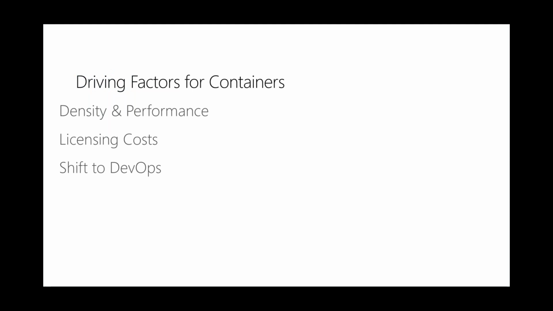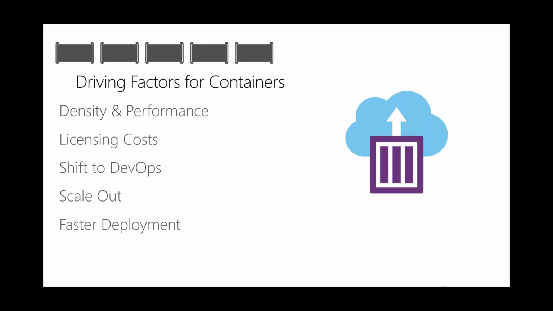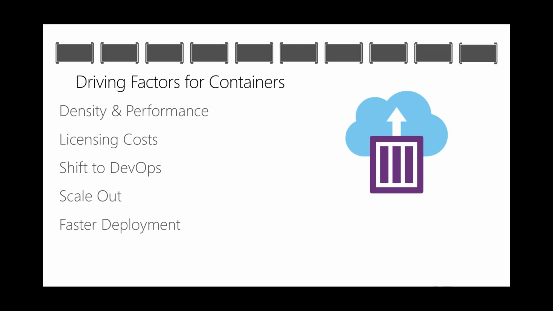So some of the driving factors for containers are density and performance. As I had mentioned, being able to put many containers onto a single virtual machine is going to reduce the cost there. When we start to abstract the operating system from the infrastructure deployment, we get to reduce the licensing costs as well. This helps enable a shift to DevOps by enabling manifests to only be updated by using a pipeline, which we'll get into a little bit more later.